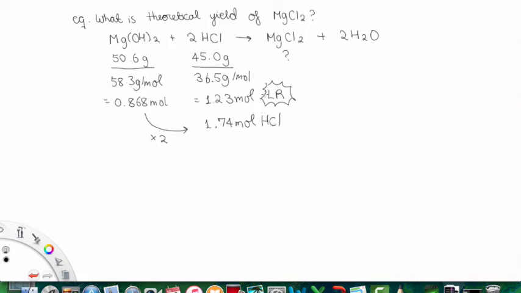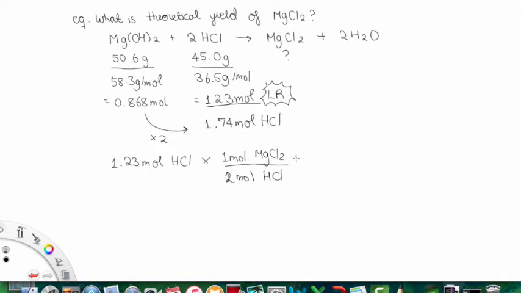So now that we figure that out, we use this number of moles to figure out the number of moles of magnesium chloride. So we have 1.23 moles of HCl, but for every 2 moles of HCl, we only get 1 mole of magnesium chloride. So we have to multiply this by 1 mole of magnesium chloride over 2 moles of HCl.